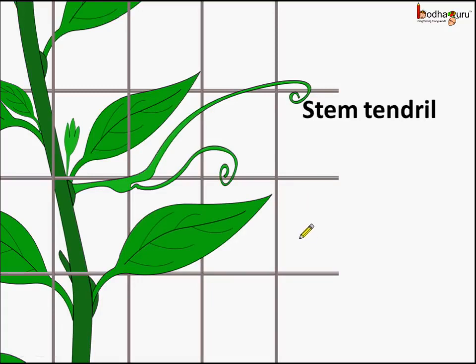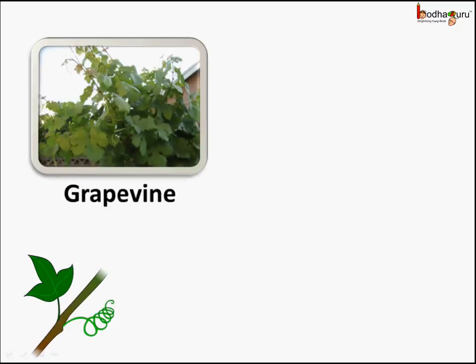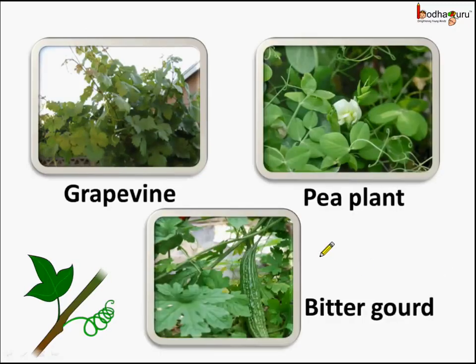So in certain plants, the stem gets modified into thin tendrils which are used for climbing a support or holding on to a support. For example, in case of grapevine, pea plant and bitter gourd plant, the stems get modified into tendrils which are used for climbing on the support.